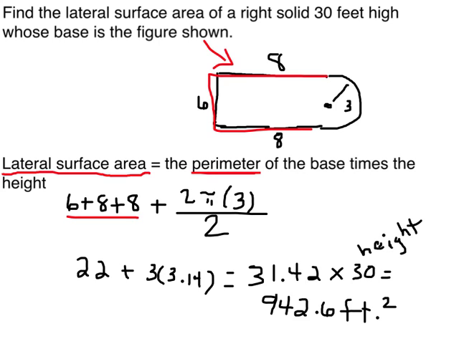And then for the distance around, that is circumference, and that is pi times the diameter. If the radius is 3, then this diameter is going to be 2 times 3, or 6. So I have 2 times 3 times pi, and then because it's only a half circle, I'm going to divide by 2.